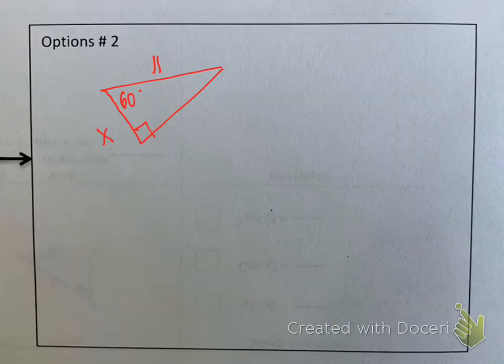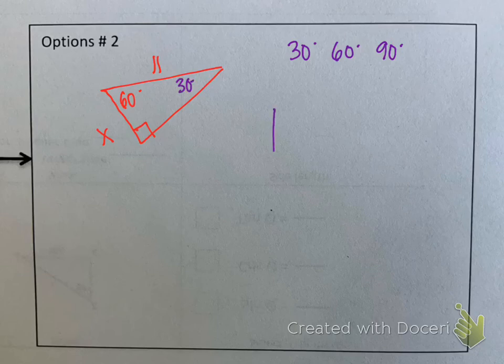The second way you could have done this is use our setup for our 30, 60, 90 degree special right triangles. And again, how did we know it was 30, 60, 90? You have your 90 degree angle, that box, the 60 is there, and this would be 30 using the triangle sum theorem. So for our setup for 30, 60, 90s, we made our chart.